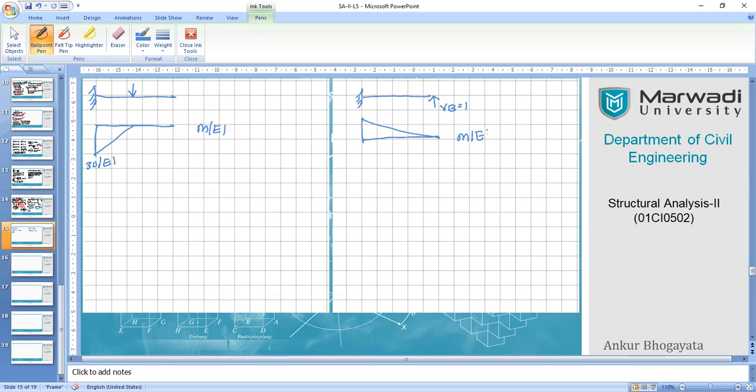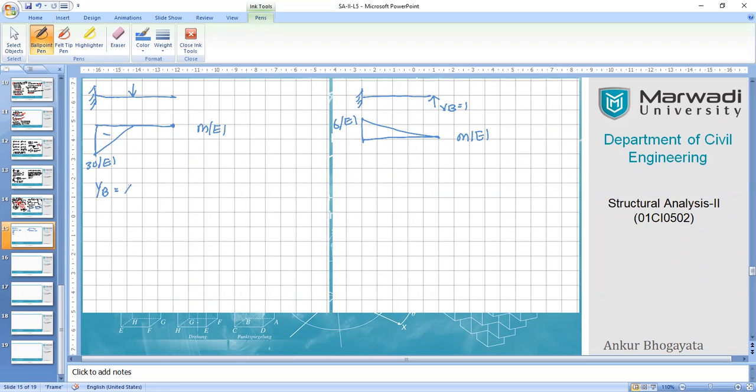This is also an M by EI diagram, so here the value is 6 upon EI. All right, now you are interested to find out YB. That is nothing but you have to take the moment of this area about point B, that's all.